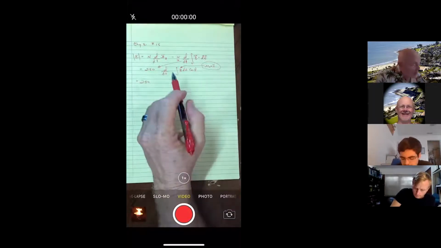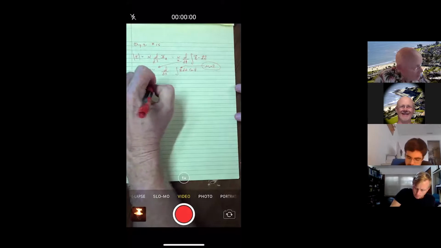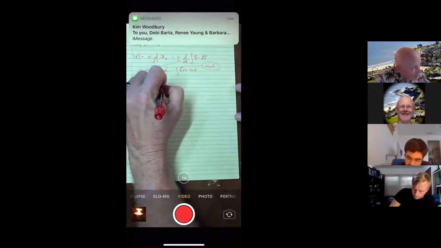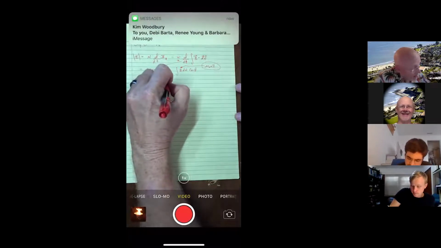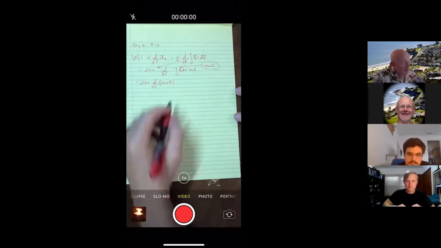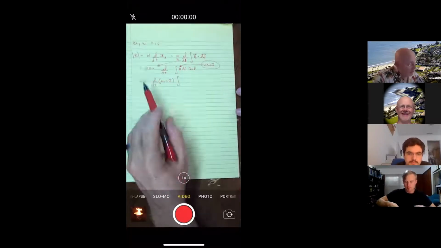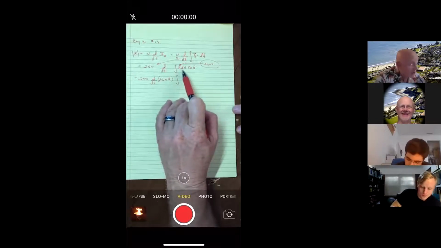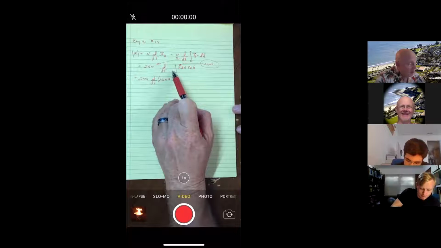So because of that, I would move the B field in front of the integral because it is the same, or a constant, in space.